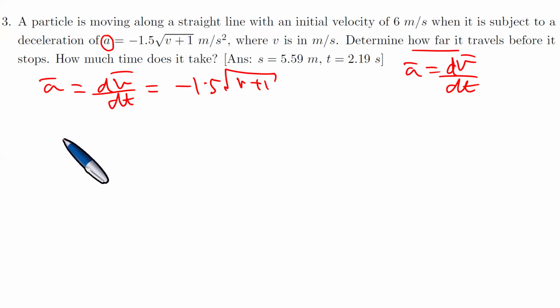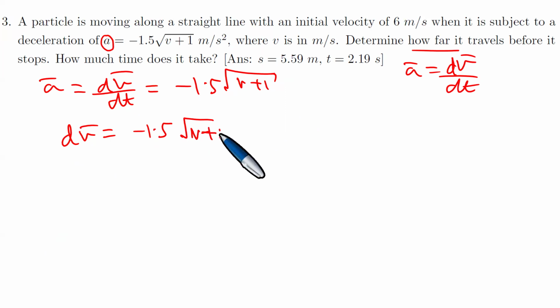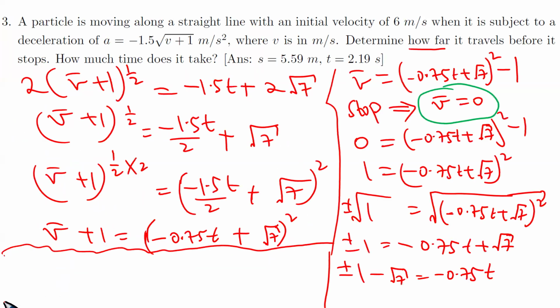So now, obviously, at this point, we have dv/dt, which is minus 1.5, the square root of v plus 1. I think we did that. Okay, now we have this, and we can be able to find the velocity.